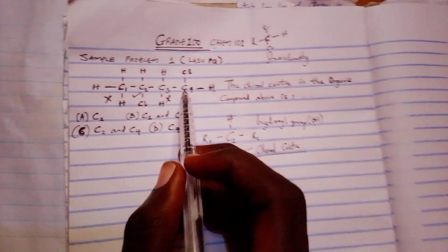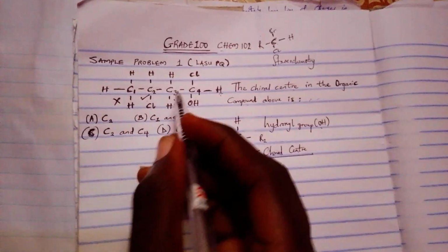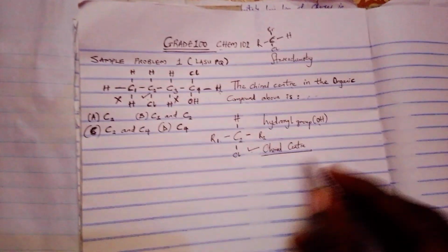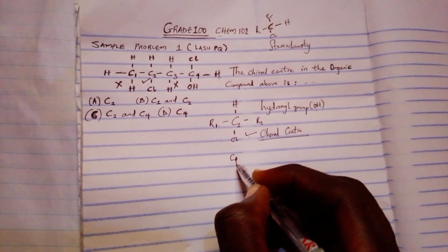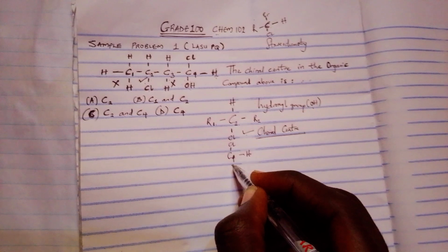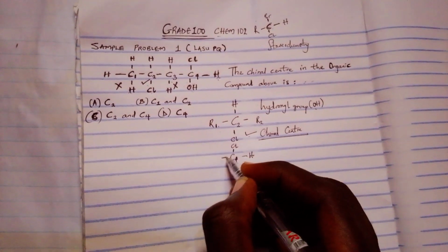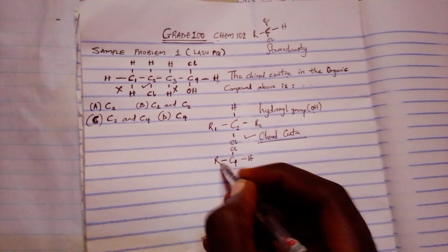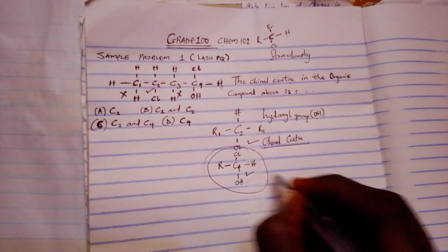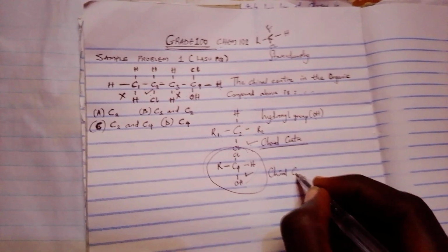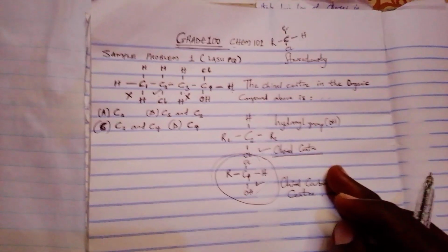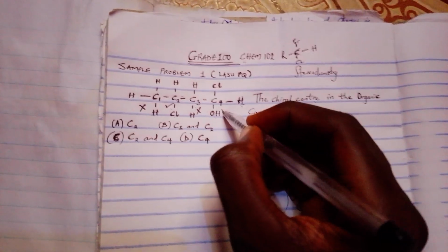Then let's look at what it is attached to on this side: it is attached to carbon 3. So carbon 4 is attached to chlorine, hydrogen, OH, and carbon 3. It is attached to 4 different groups. That is, carbon 4 is also a chiral carbon, or chiral center. So that's the basic idea here. Carbon 4 is a chiral center.